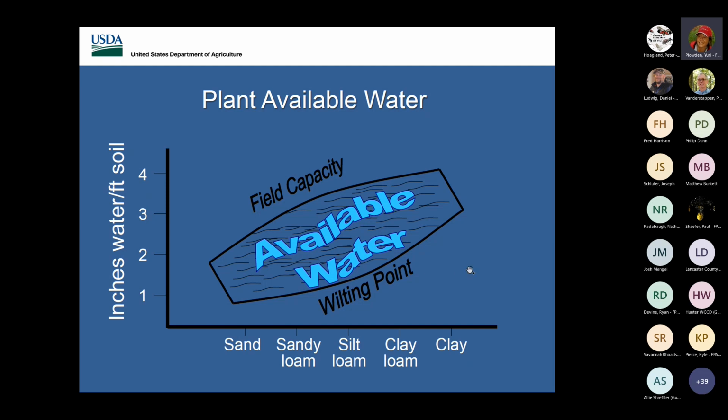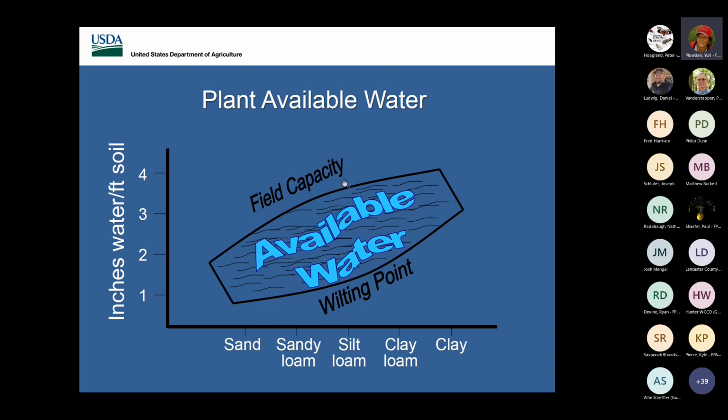And so you'll notice that clay soils have more water at field capacity and more water at the wilting point stored in them. But this lens, this available water, is actually pretty narrow. So there's not as much available water as, say, a silt loam.